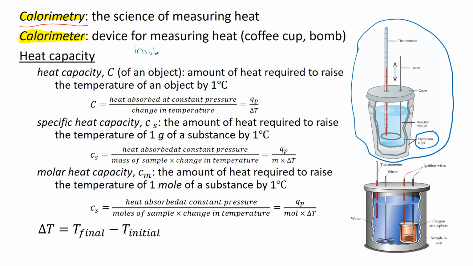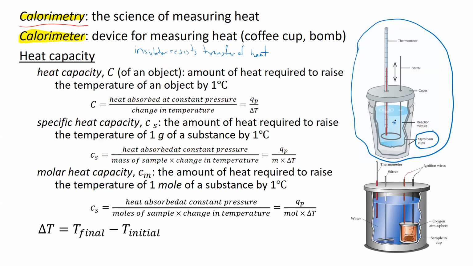So an insulator resists the transfer of heat. And so that coffee cup calorimeter has those styrofoam cups to stop the heat from getting in or out of the calorimeter to the surroundings, say the air around outside.